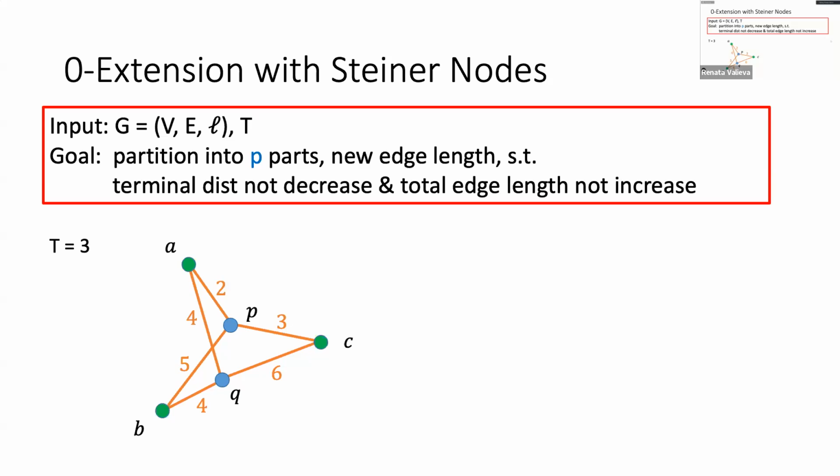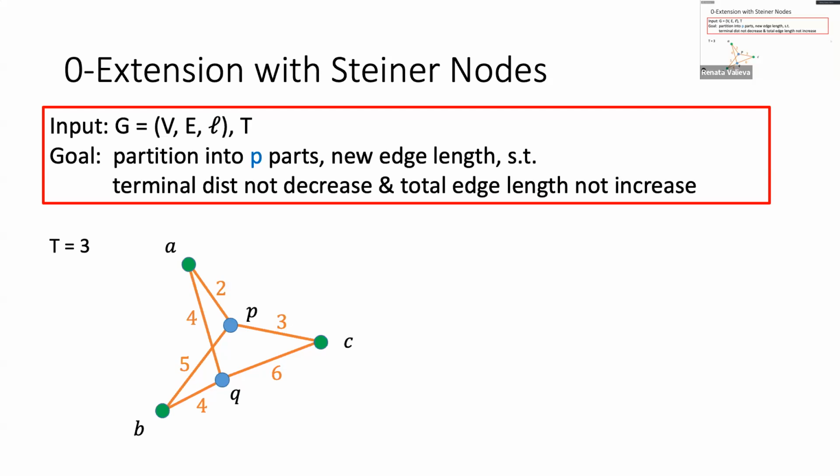In this example, A, B, C are terminals. First observation is all the shortest paths are supported by P. So AC is 5, AB is 7, BC is 8. All go through P. And Q does not support any terminals. So this 8 is larger than 7.